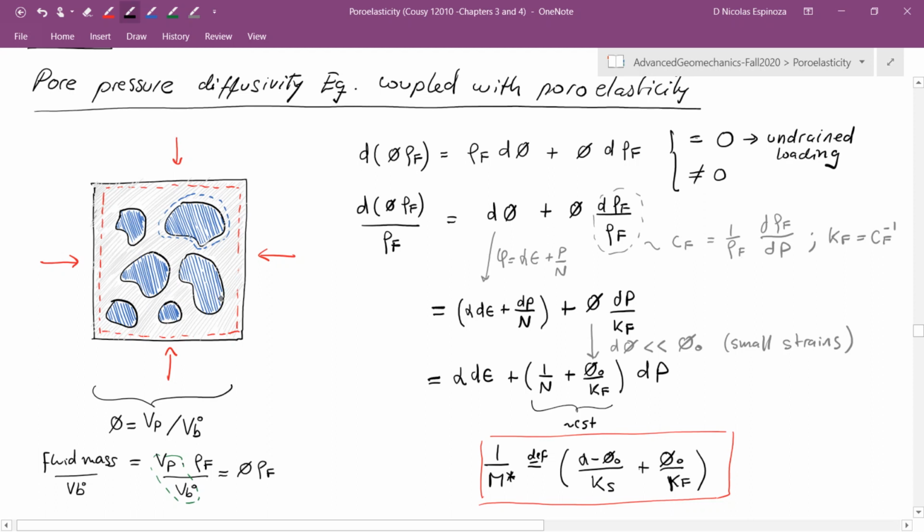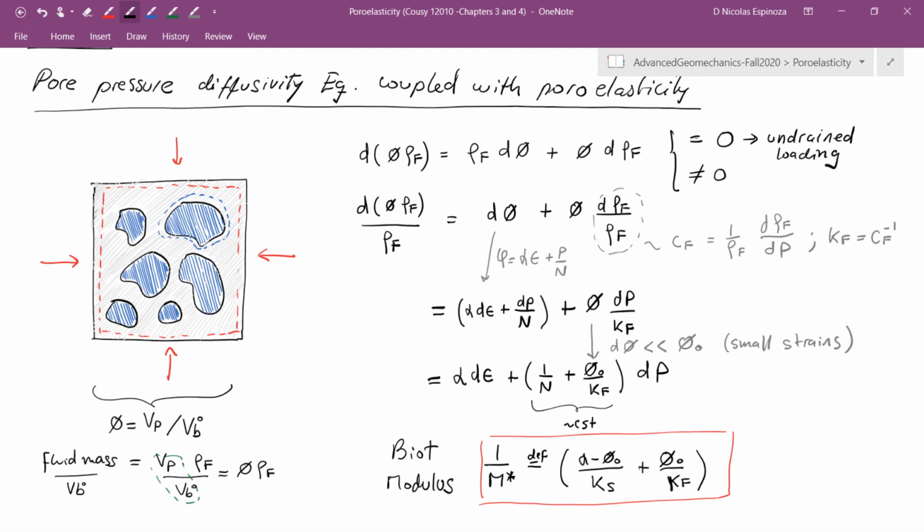But if I have that same porous solid filled, for example, with liquid mercury, then that's going to be a different story. The compressibility of the porous solid is going to be different. All right, so let me finish here by saying that this is the Biot modulus.